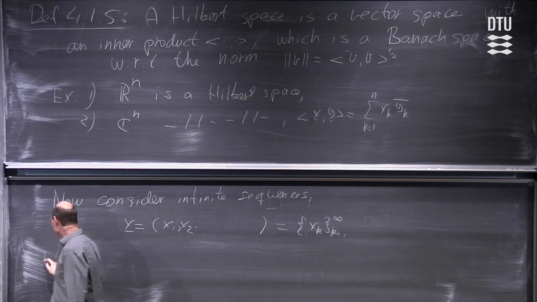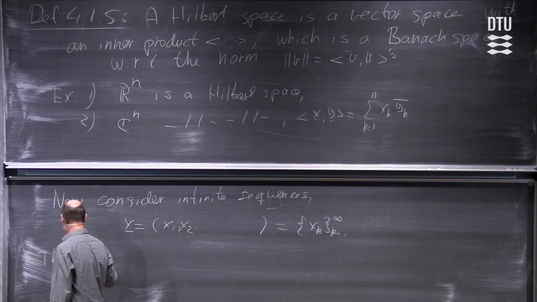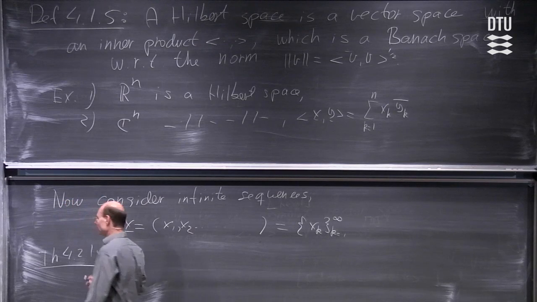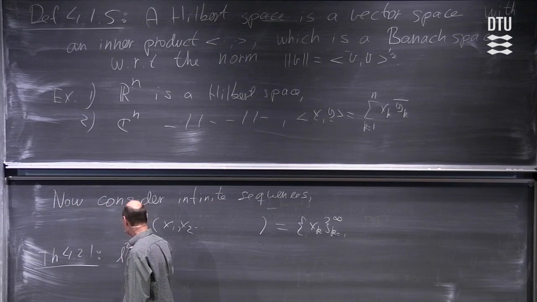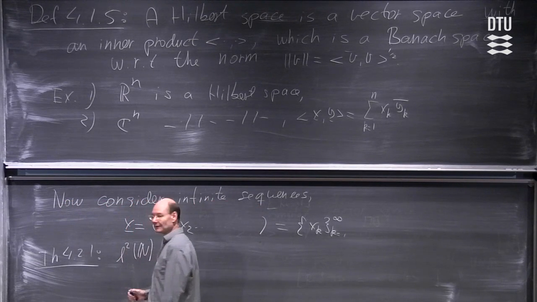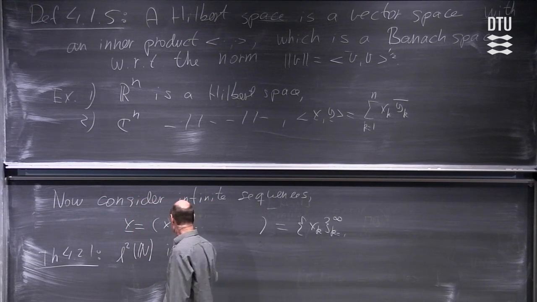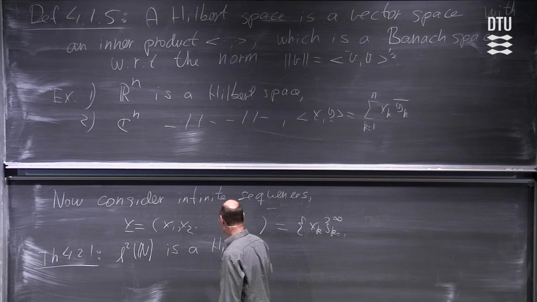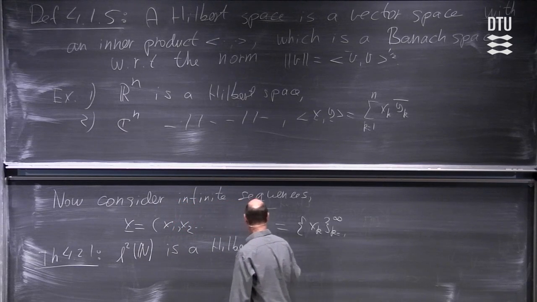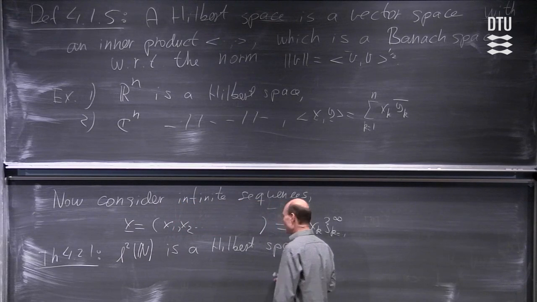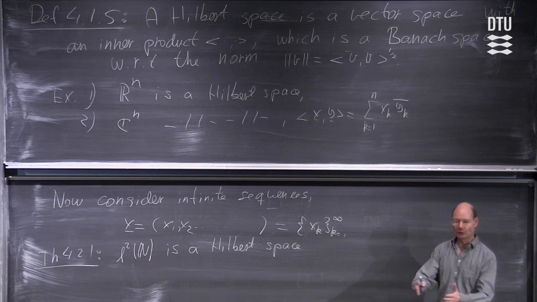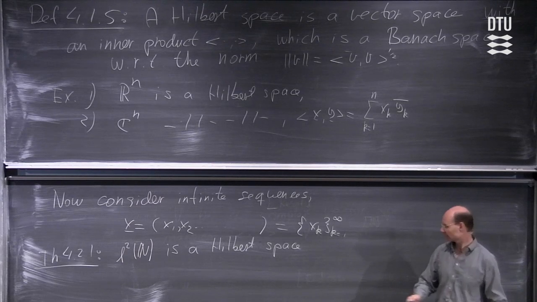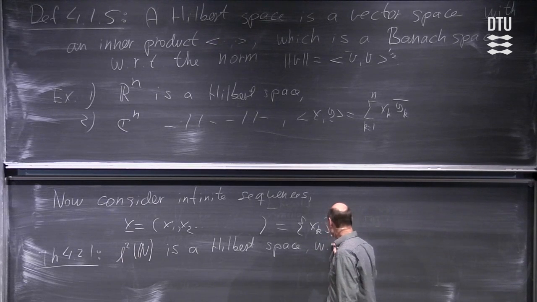And the statement is that exactly the space l^2 of the natural numbers, this is a Hilbert space. And again, when you say something is a Hilbert space, you always need to say with respect to a certain inner product. So we need to explain what is the inner product.